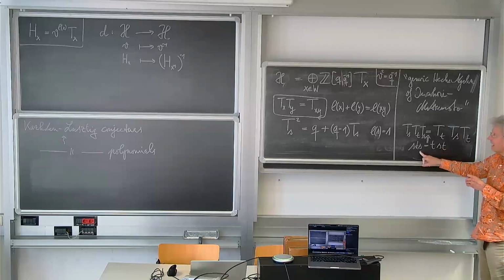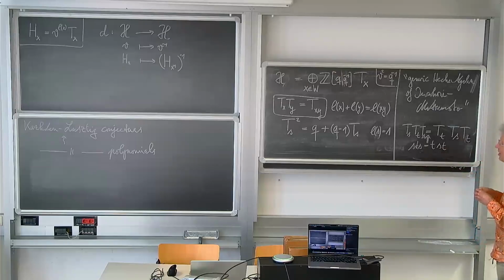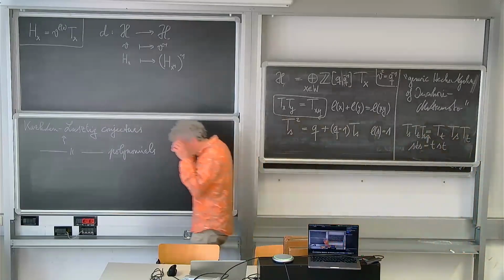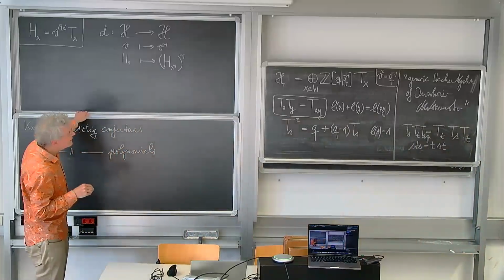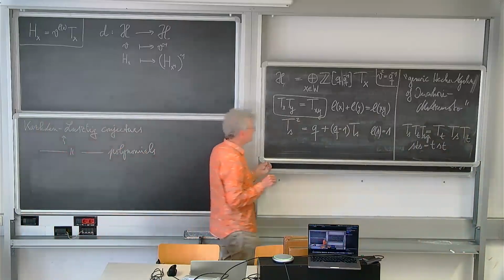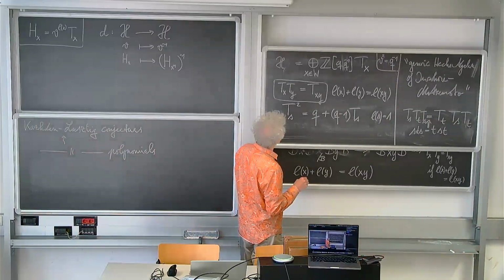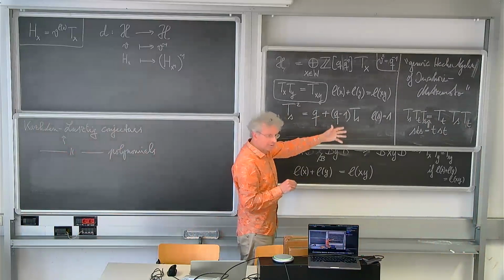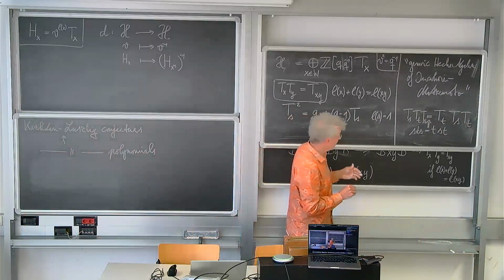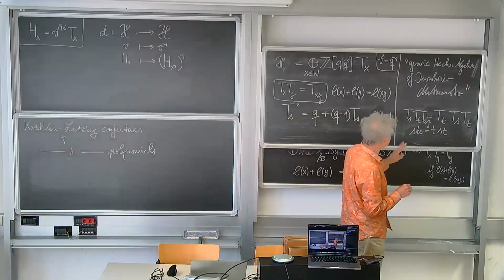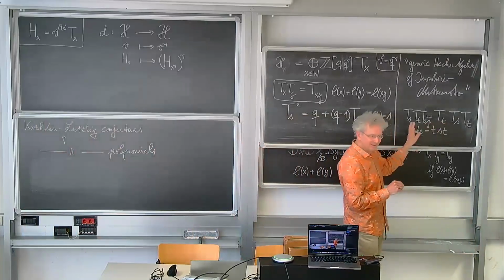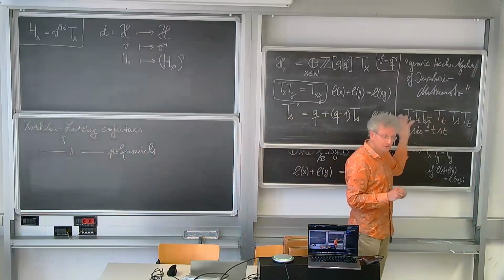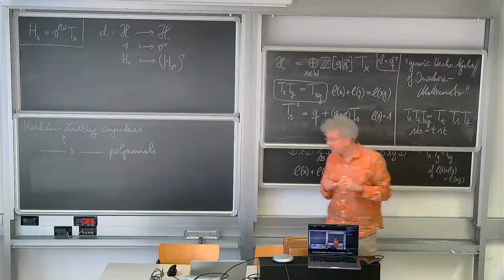I should perhaps say that I'm doing it here for a general Coxeter group. If it's just the symmetric group, it's only these three-term or two-term relations. But for a general Coxeter group, that doesn't hold. Okay, thank you.